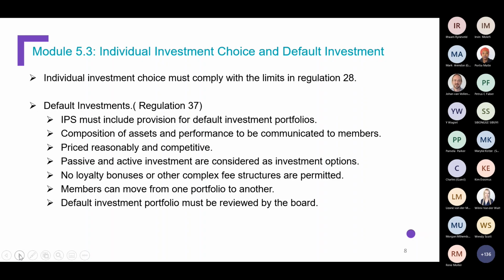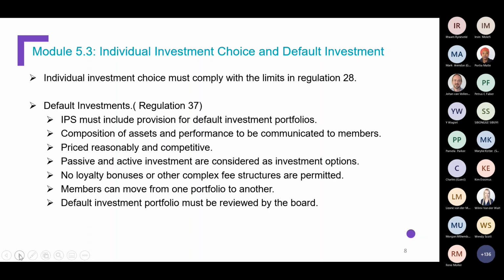The default investment portfolio must be priced reasonably and must be competitive in the market. The trustees must consider both passive and active investment as investment options. Loyalty bonuses or other complex fee structures are not permitted in the default investments.